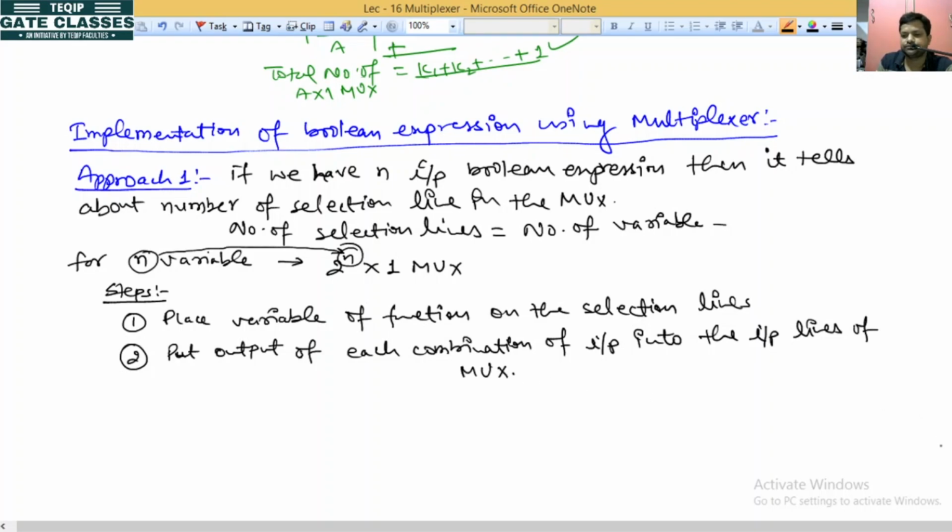Okay? So this is the way, by approach 1, that you can implement a Boolean expression by using a multiplexer.